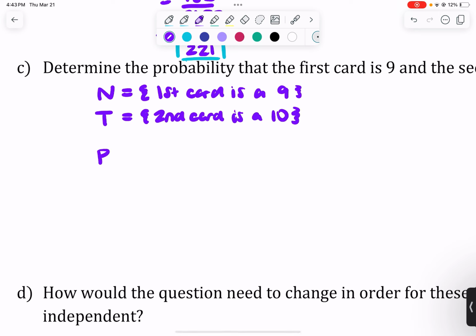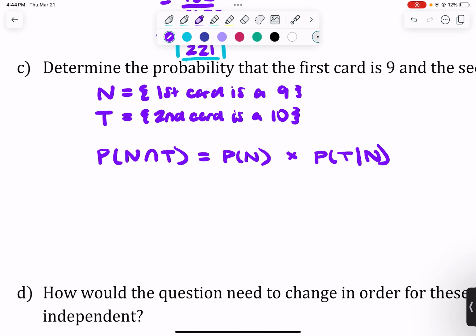And I want to know the probability of the first one being 9 and the second one being 10. I know this is conditional because I'm not replacing the card in that deck. So the 9 was my first card, so the probability of N, times, because it's an and situation, the probability of getting a 10, given that I've already pulled out a 9.